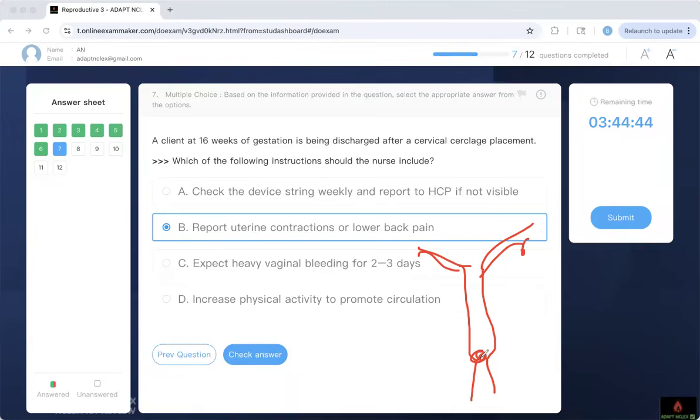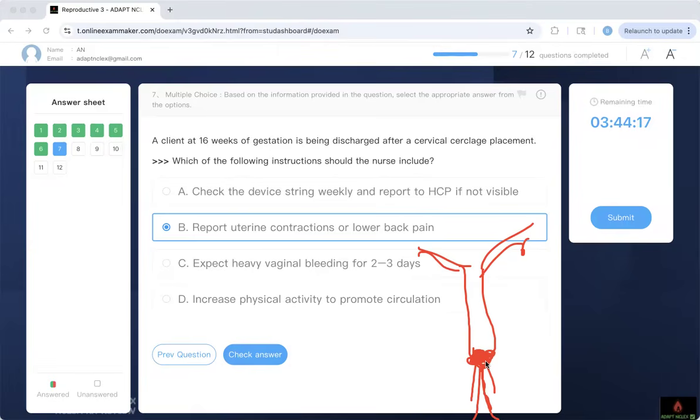In order to prevent miscarriage, in women who've had multiple miscarriages, at least 3 to 4 times, we're going to suture the cervix during the early second trimester, because that's where most miscarriages occur. And so we suture it in place. You don't see any string hanging like that. This is not an IUD. That's the difference. With an IUD, you see the string hanging because you go into the hole of the cervix, into the uterus.